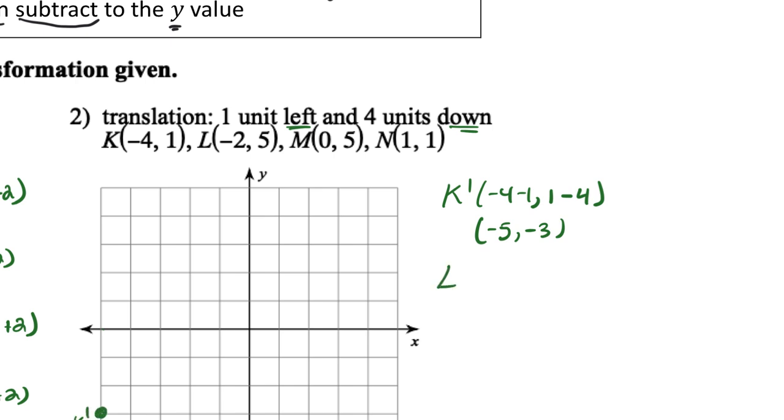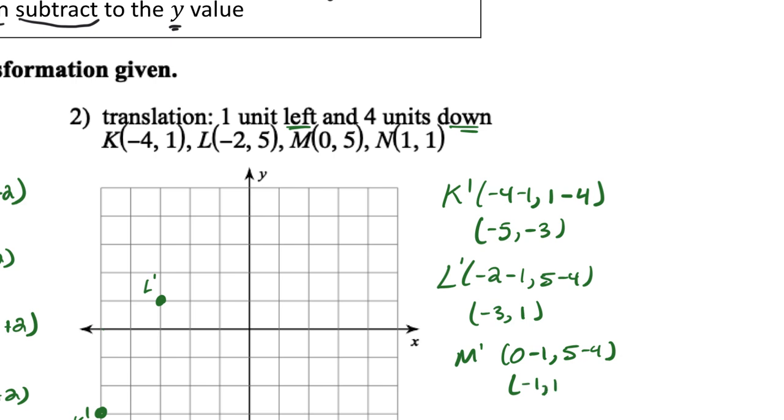Let's go to L. L prime is going to be -2 minus 1 and 5 minus 4. That means that I got -3, 1. So from the origin, I'm going to go 1, 2, 3 left, and then 1 up. That means that this is the point L prime. For M prime, I got 0 minus 1, 5 minus 4. That means that this is -1, 1.